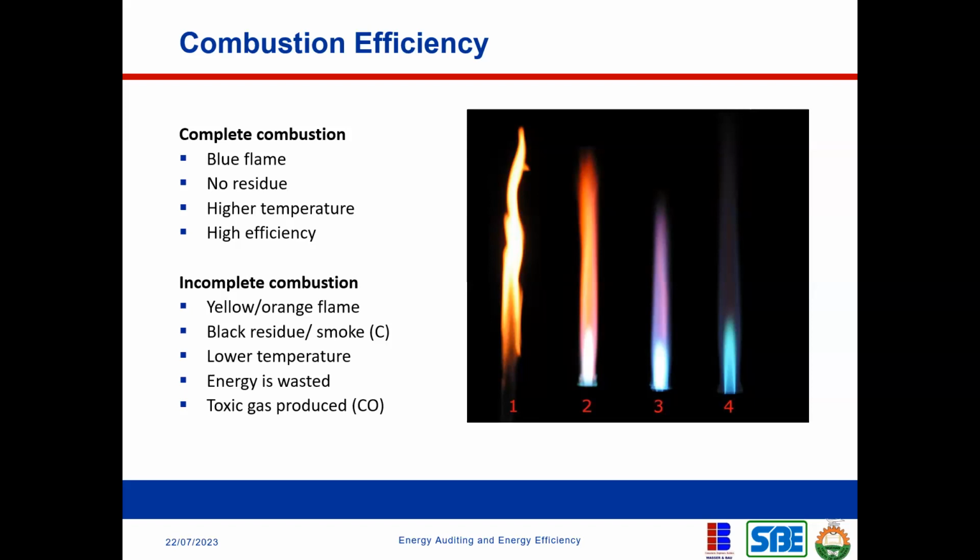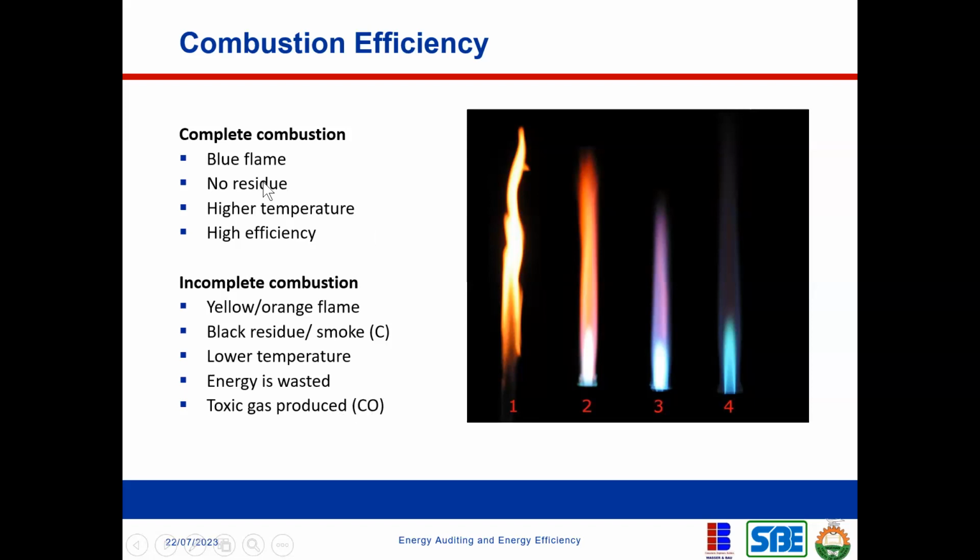And how do you know that a combustion is not complete? That's where what we call a combustion analyzer comes in, because some of these gases you cannot see with your physical eye. So you take an instrument and measure your output, that is, the flue gas of your combustion process. Once you notice there is carbon monoxide, CO. Remember, carbon dioxide is CO2, but carbon monoxide is CO. Once you notice there is CO, it's a clear indication of an incomplete combustion.